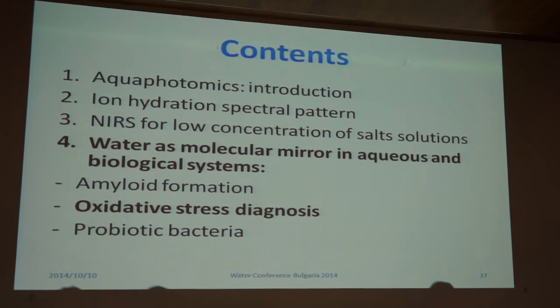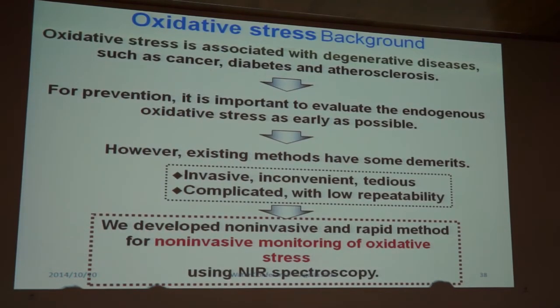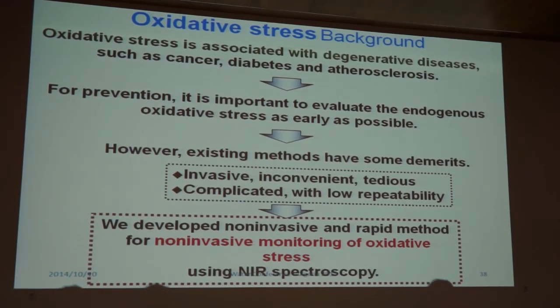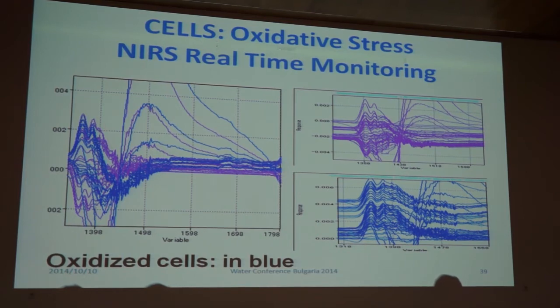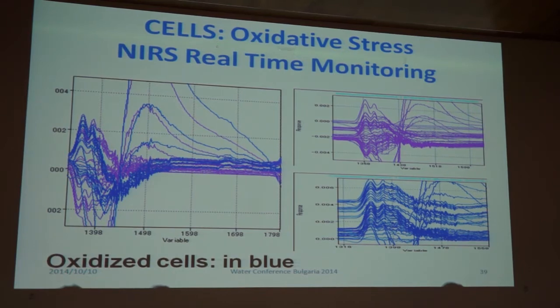So, the next example I'm going to give is about oxidative stress diagnosis. I don't think I have more time, but I just want to show you the spectra. This is the first overtone, 1300 to 1600 nanometers, and the blue are cells that are oxidized.